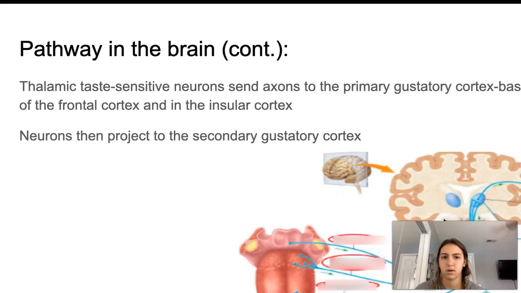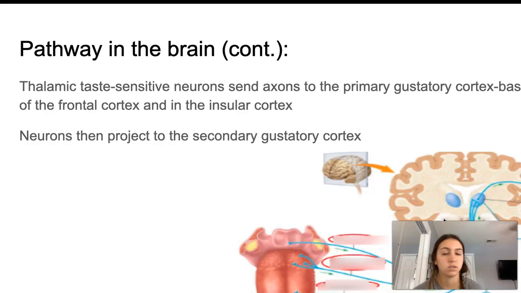Moving on, the thalamic taste-sensitive neurons send axons to the primary gustatory cortex, which is at the base of the frontal cortex and in the insular cortex. And then the last part is that the neurons will project to the secondary gustatory cortex.